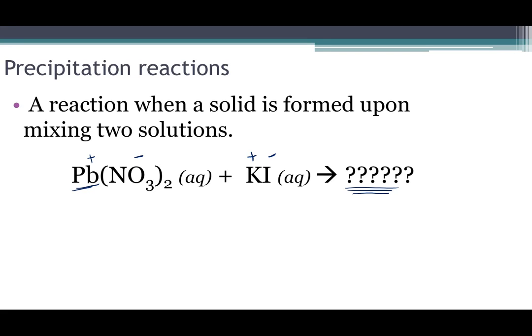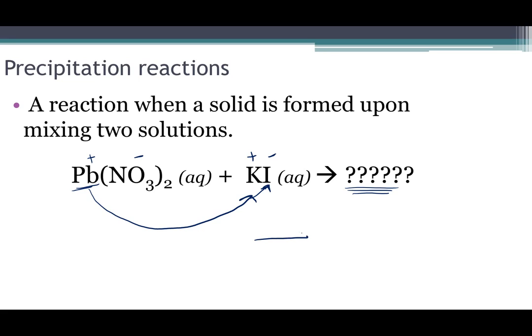So when these guys flippity-flop partners, there's really only one option that makes sense. If lead comes over here to look for a new partner, is he going to be attracted to potassium? No. Positively charged lead, positively charged potassium, those two are going to be repelled by each other, right? So think two north ends of a magnet pushing against each other. So the only new partner that makes sense for lead would be that negatively charged iodine, okay?